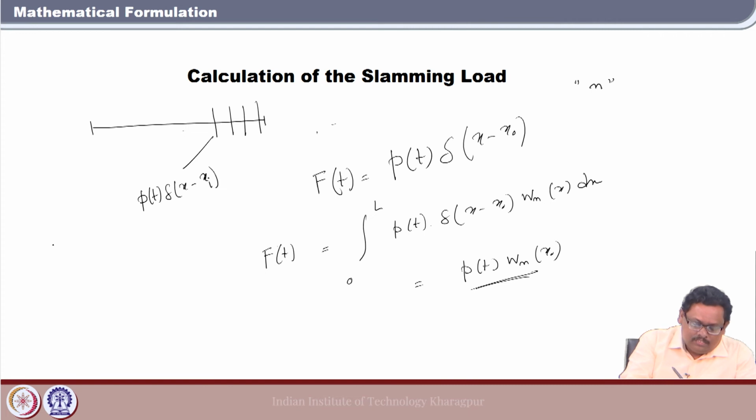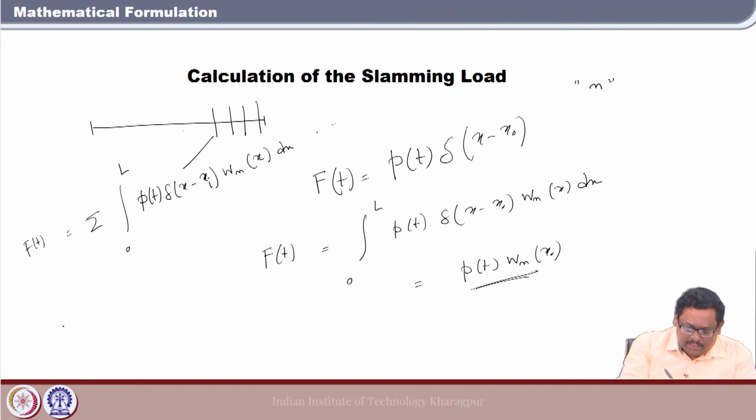Then the total force F(t) is basically the collection of all these forces, integrating from 0 to L and multiplying with that ω_n(x) dx.